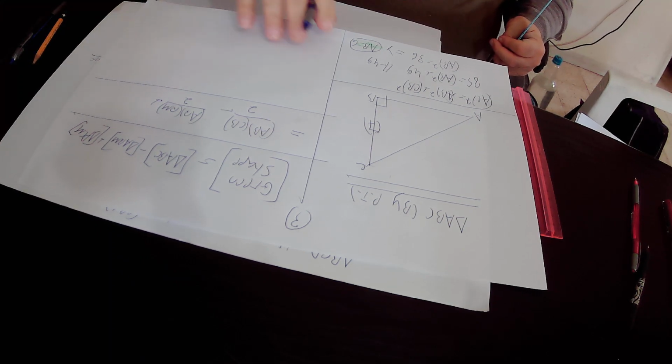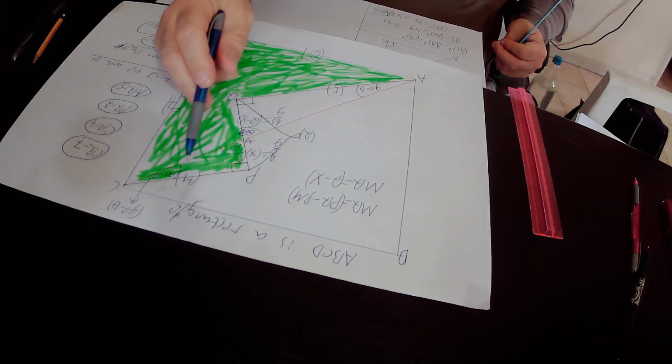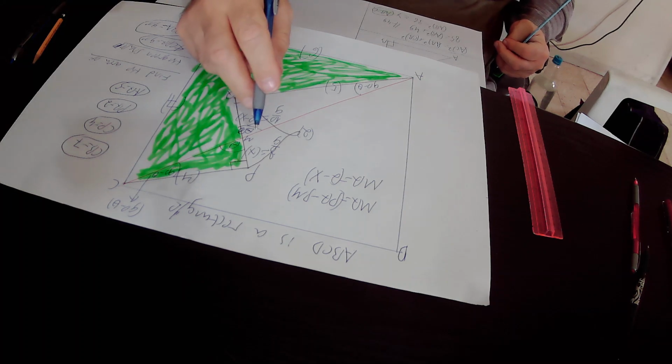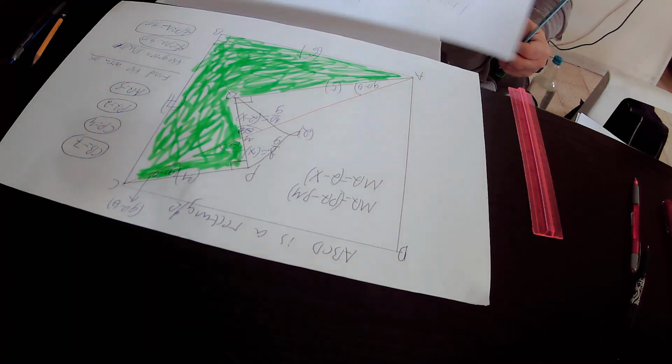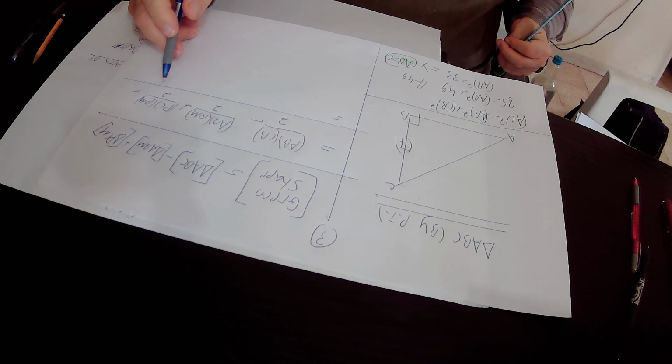Plus the area of the right green small triangle PCM. The area of this green right triangle PCM equals the base PC times the height to the base, that is PM, over 2. Repeat again, the area of the green small right triangle PCM equals the base PC times the height PM over 2.